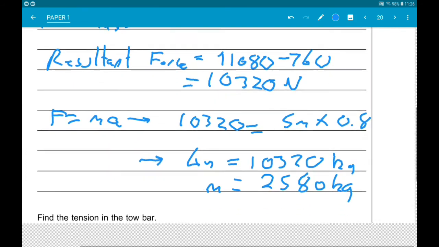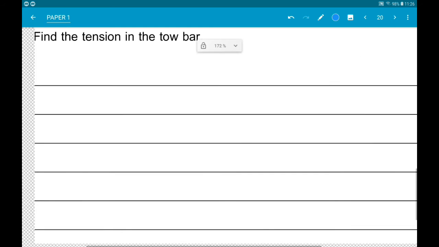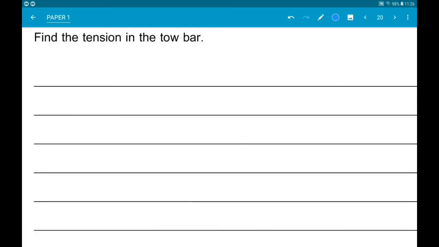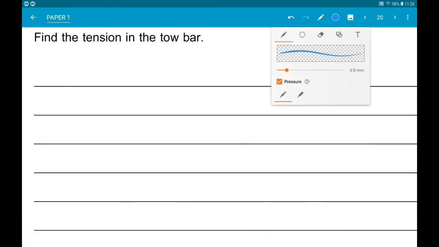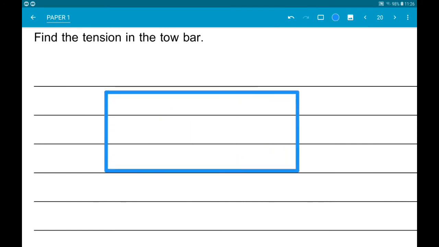But we want to find the tension in the tow bar. So if we now look at the trailer on its own, then let's make a really good drawing. Okay, there's our trailer.